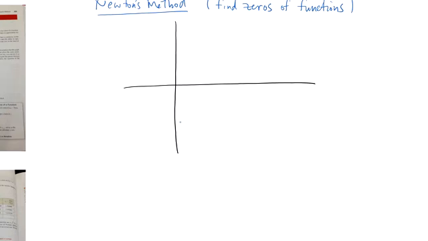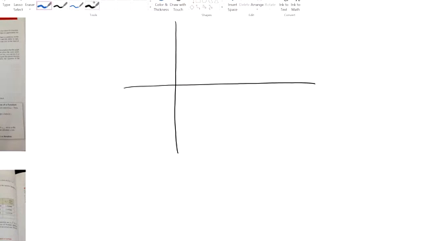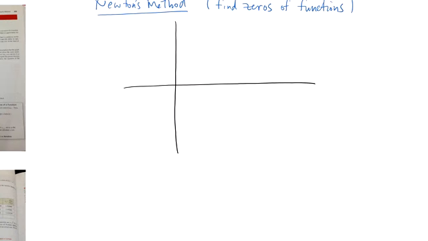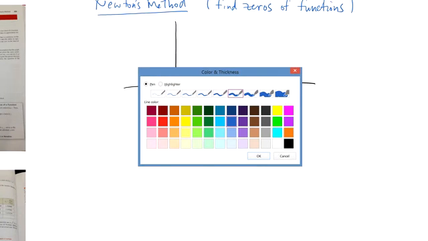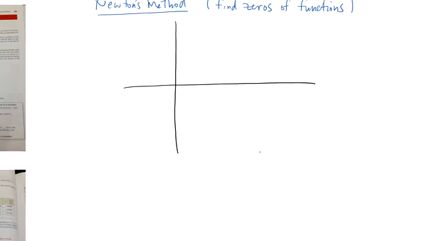Let's say it goes like this. Okay, so say it looks like that, and I want to find the zeros.